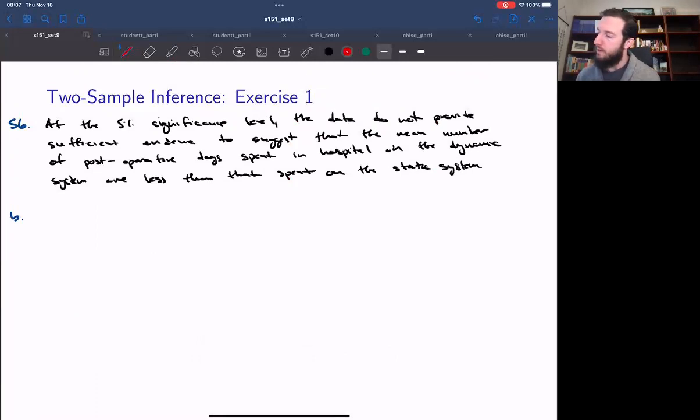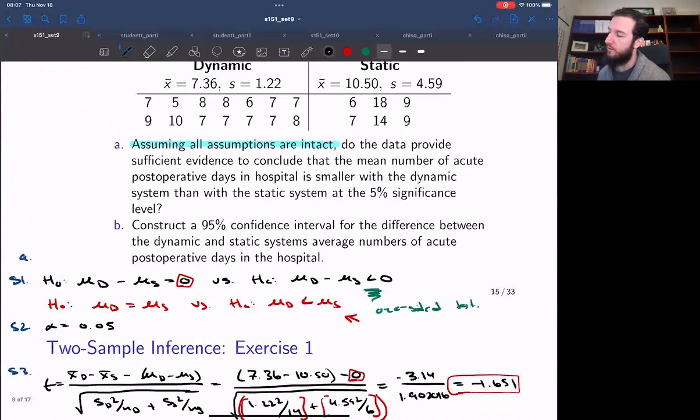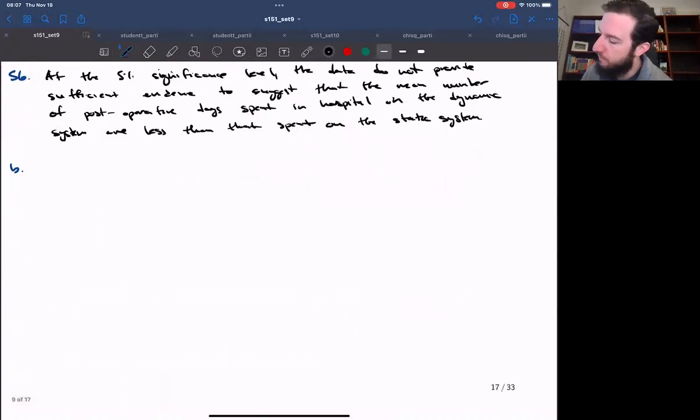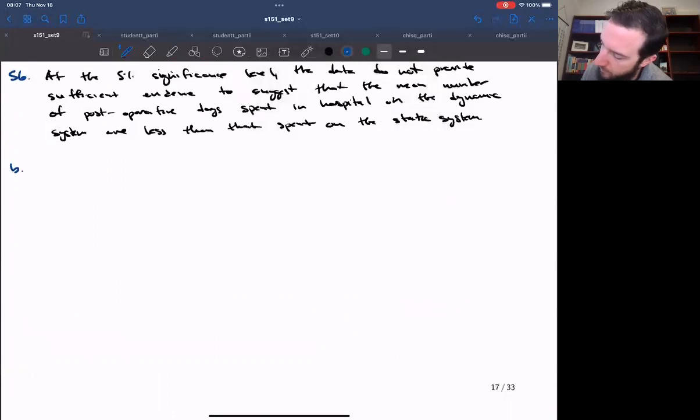Okay, in part B, we are being asked to construct a 95% confidence interval for the difference between the dynamic and static systems in terms of the post-operative days spent in hospital. Okay, so this is also going to be done in more or less the same way that we saw before. So on step 1, we're going to find our t value. So here we're going to have a t alpha over 2 on some degree of freedom.